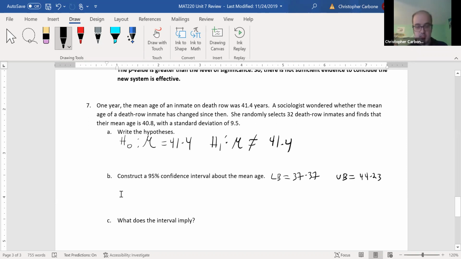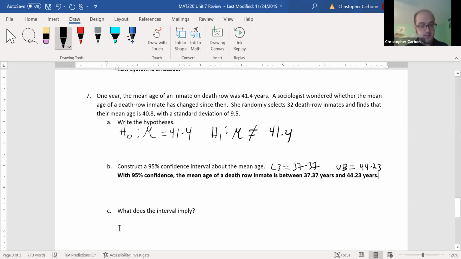So how do we describe that? This should be with 95% confidence, the mean age of a death row inmate is between 37.37 years and 44.23 years, according to this data.